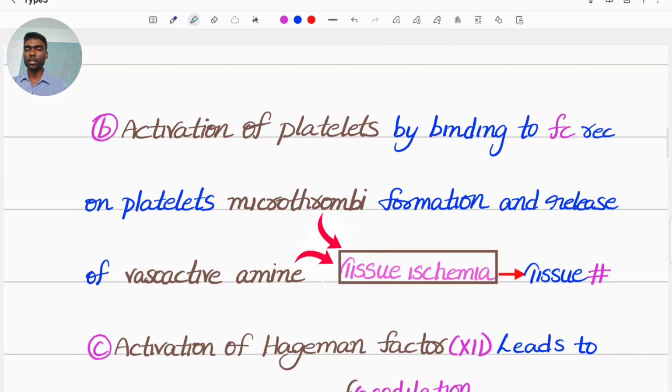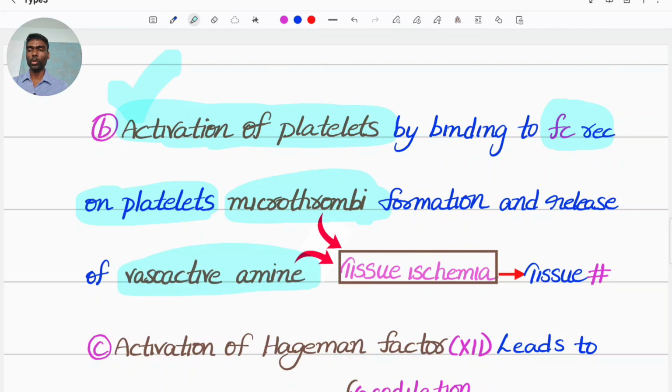Next mechanism is through activation of platelets by binding to Fc receptors. These immune complexes will bind to Fc receptors on platelets, leading to their activation, which leads to microthrombi formation and release of vasoactive amines.